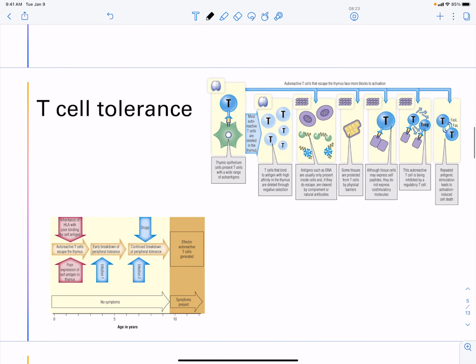Now, T cell tolerance, we've talked about this already. And so there are many different ways of protecting your body against T cells that are potentially self-reactive. We know that a breakdown of tolerance is going to lead to autoimmunity, and this breakdown of tolerance is thought to occur over time. So you have a breakdown of central tolerance over time.